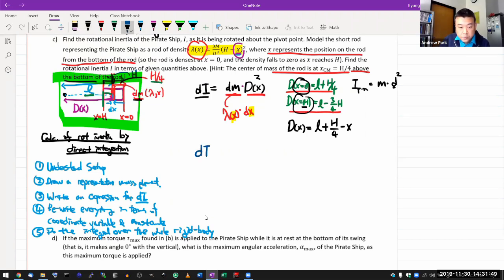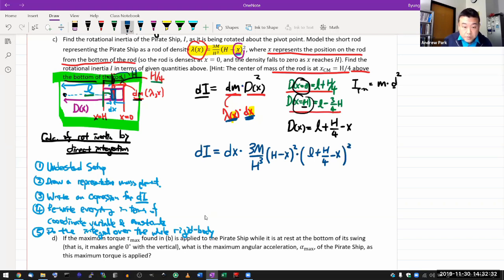The infinitesimal contribution to the rotational inertia from this tiny section of the pirate ship is going to be integrated with respect to variable x. Let me write down L of x, that's 3m over h cubed times h minus x squared, that's the density, times this expression here, d of x, L plus h over 4 minus x squared.